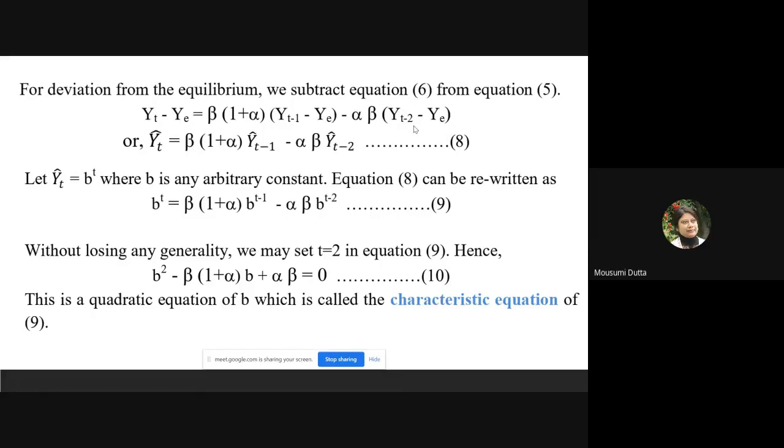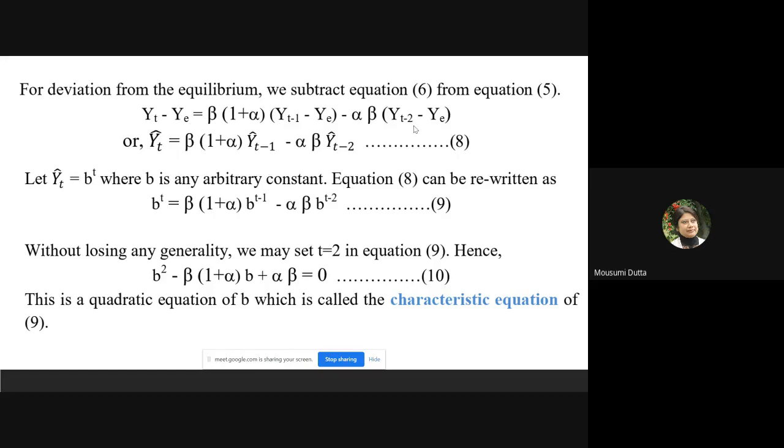Now, I'm doing a hat operation. All the deviations from equilibrium will be presented using a hat. So YT minus YE is called YT hat. YT minus 1 minus YE is called YT minus 1 hat.